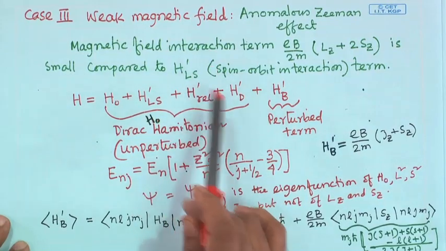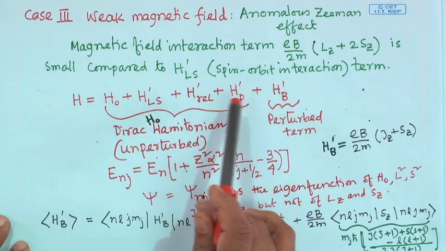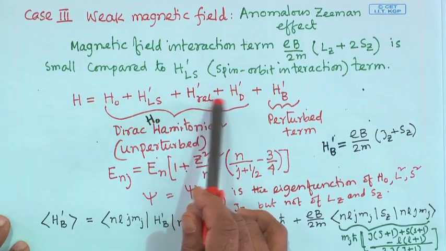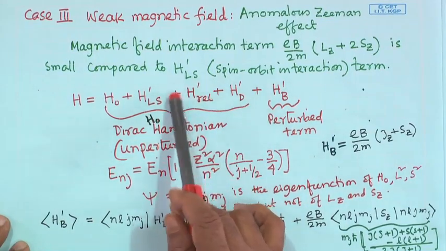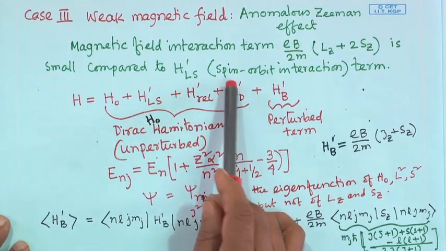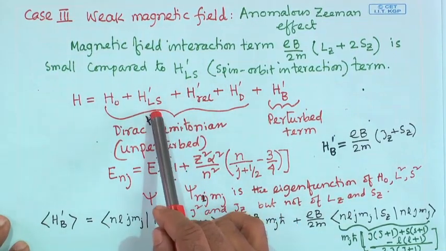Other terms in the Hamiltonian, the relativistic correction term and the Darwin term, we earlier neglected because they are smaller than the LS interaction term.